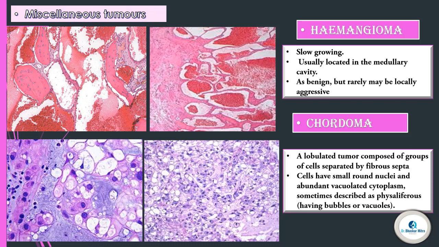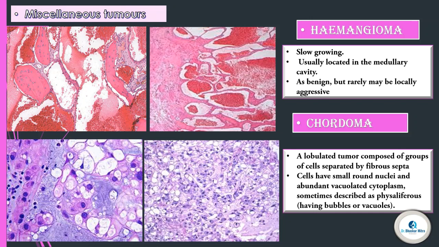Now, there are some lesions which cannot be fit into these groups. So there may be hemangioma showing multiple dilated cystic vascular channels containing blood, characteristically seen in hemangioma. These are slow growing lesions, usually located in the medullary cavity. Next comes another important lesion called chordoma. You cannot put it into the bone forming or cartilage forming lesions, but chordoma is a very important thing.